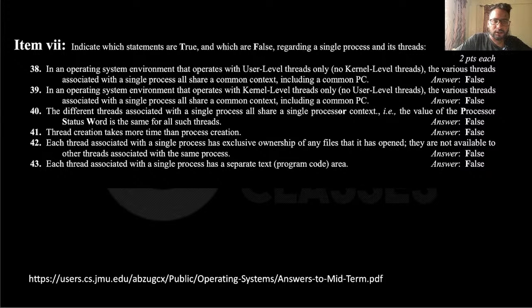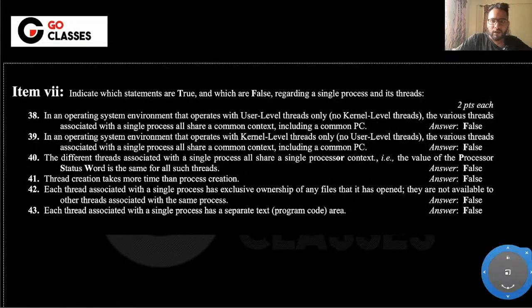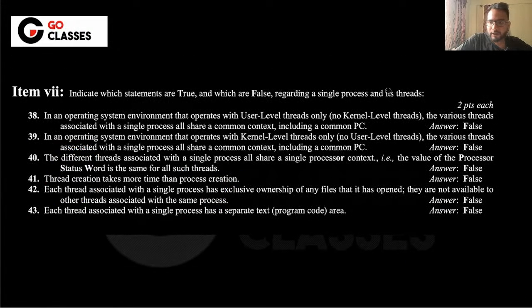So now let's answer these questions. I hope this is visible to everyone. Tell me whether these are true or false. Do not look at the answers. In an operating system environment that operates with user level threads only, no kernel level threads, the various threads associated with a single process all share the same common context, including the common PC.